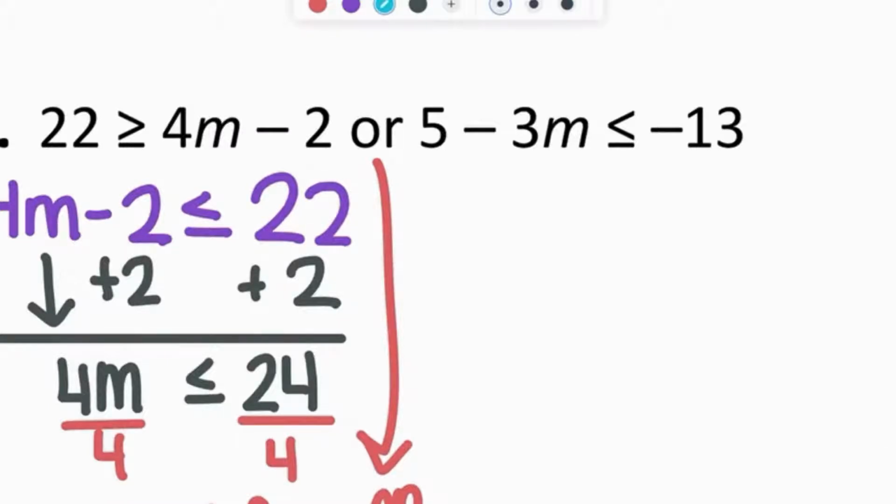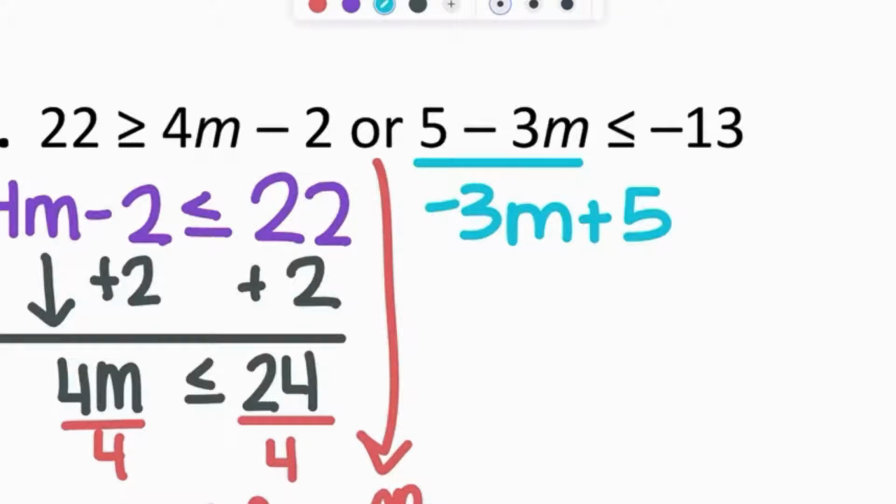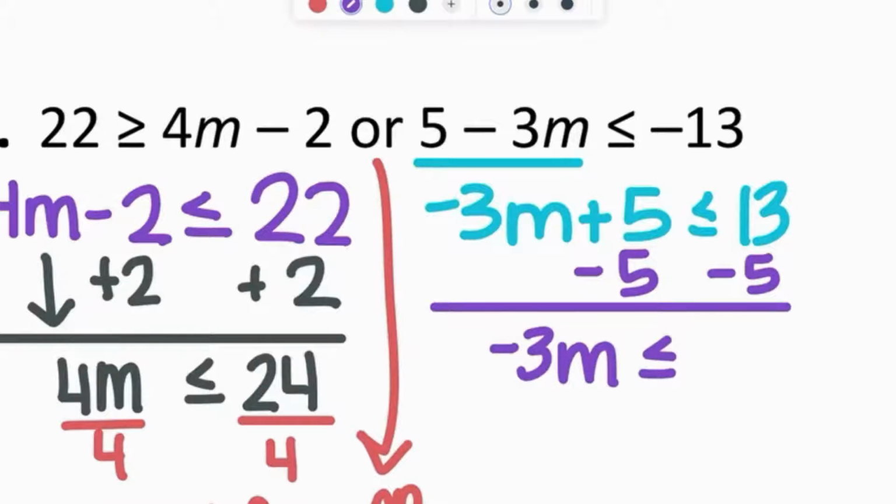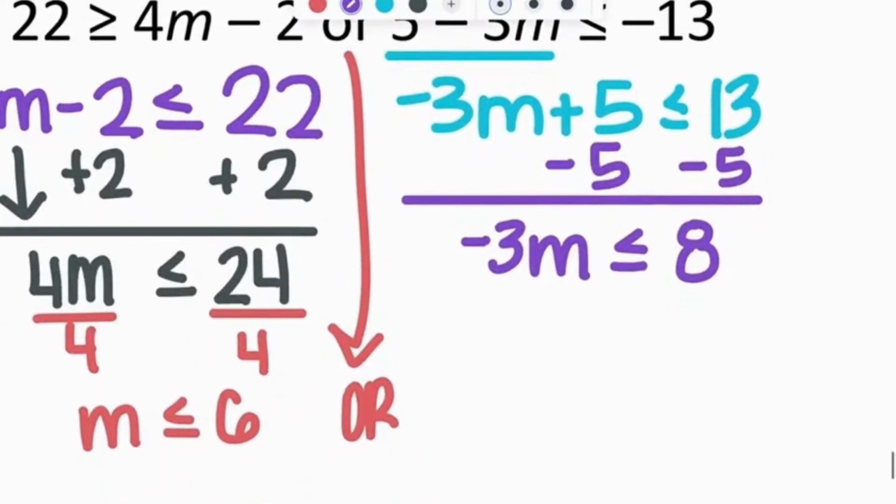So I've got a positive 5 and a negative 3m. So if you don't like the way this is written like that, you could always rewrite that as negative 3m plus 5, because the 5 itself is positive, is less than or equal to 13, if that helps you see more clearly what it is that you need to do. So we're going to subtract 5 from both sides, and so I get negative 3m is less than or equal to 8.